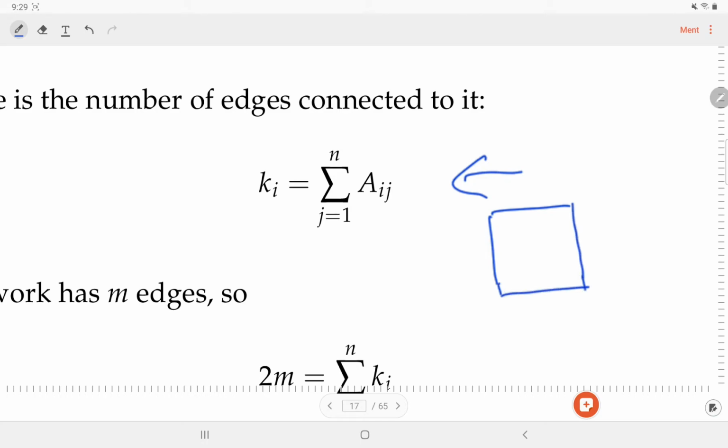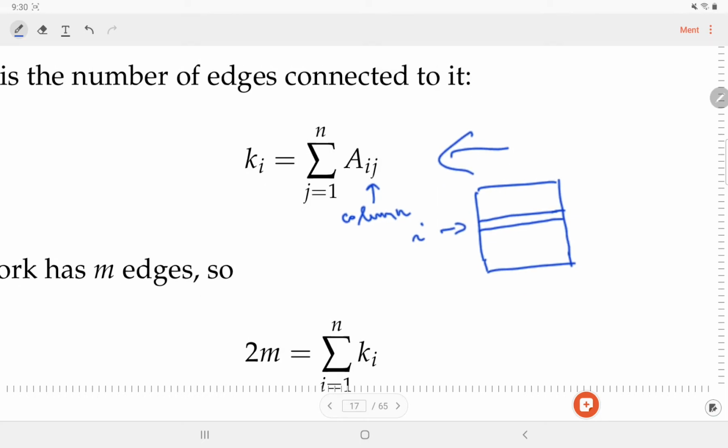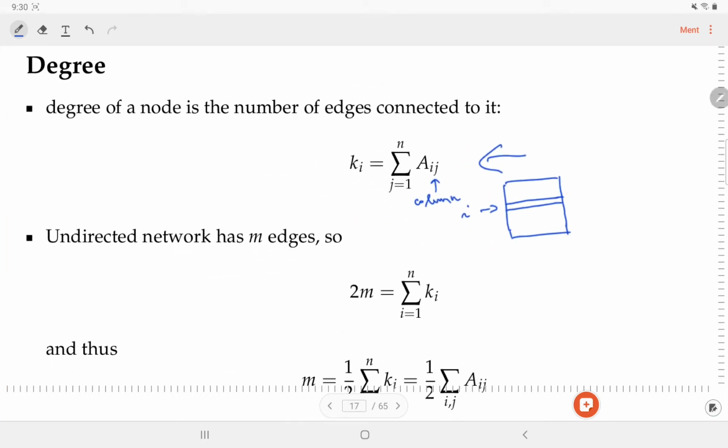Then for a certain fixed row i, we let the second index, the column index, run. So what happens here is that we sum up all the numbers which are in row i, and that's going to be the degree.